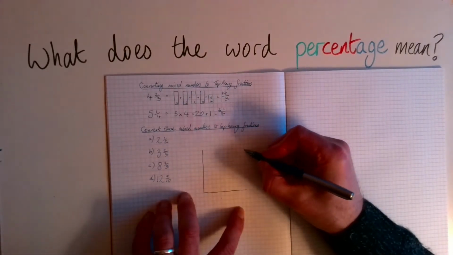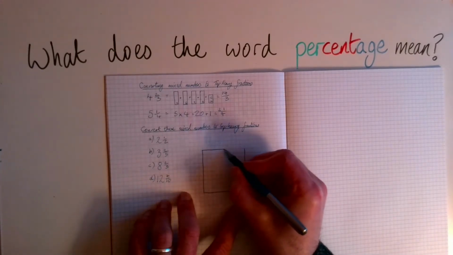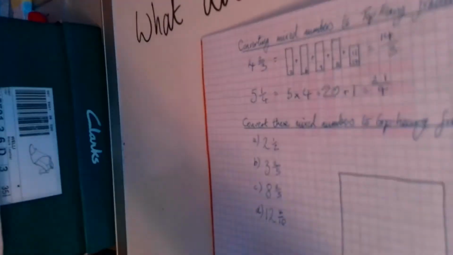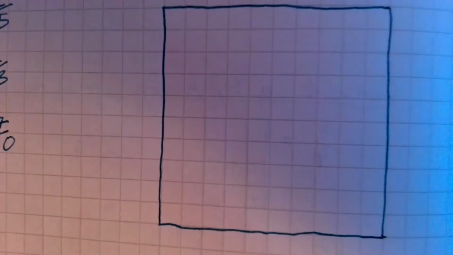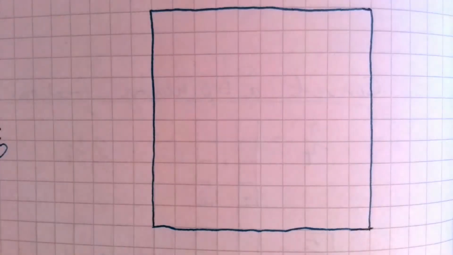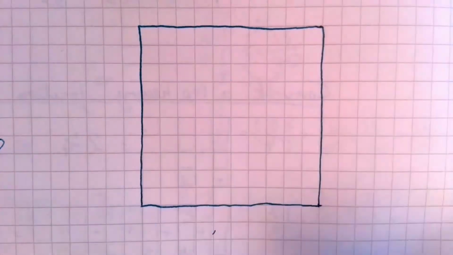So why am I drawing a 10 by 10 square to think about percentages here? Let's have a little look at that. Bring it into focus. And there we are. Right, so the reason is there's 100 little squares in here.